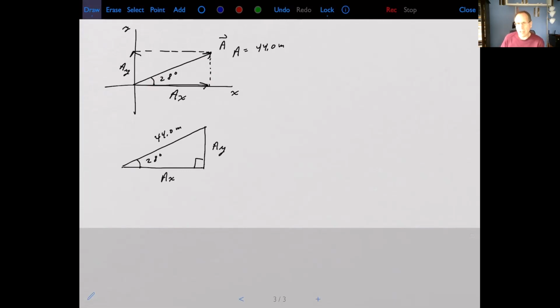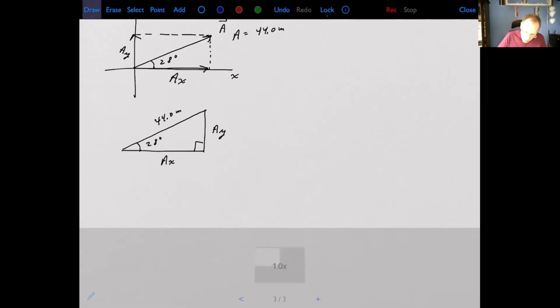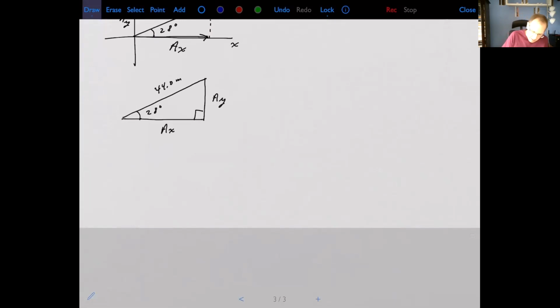Okay, so how do we find Ax and Ay? This is where our right triangle trigonometry comes in. Let's start with Ax. Ax is adjacent, right? It's next to this angle, and this is the hypotenuse. So we have to ask ourselves, what trig function relates the adjacent side to the hypotenuse? Remember, that's going to be cosine.